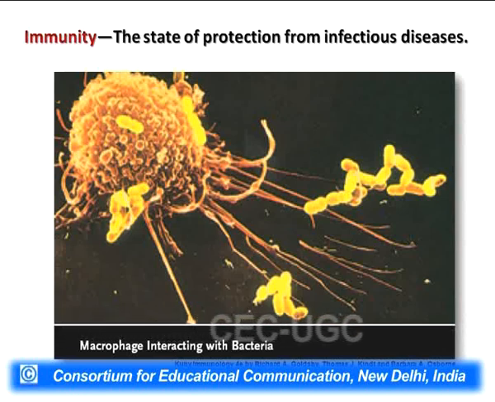We can easily see that there are some immune response cells. These immune response cells are immediately engulfing and recognizing this bacteria so that they don't spread throughout the body. So immunity is one of the basic mechanisms through which these pathogens or antigens are cleared and diminished from our body circulation.